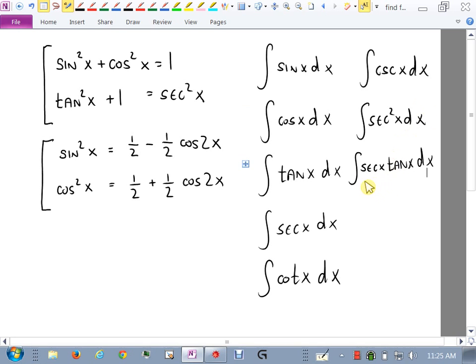That's why your formula sheet has an integral for secant x tangent x. The antiderivative of secant x tangent x is secant x. And then there's other ones like the antiderivative of negative cosecant squared x. What's that? Cotangent x. Those all come from Cal 1. So just be aware that those are on your formula sheet, and if you ever get to an integral like that, you can just apply the formula. All right?